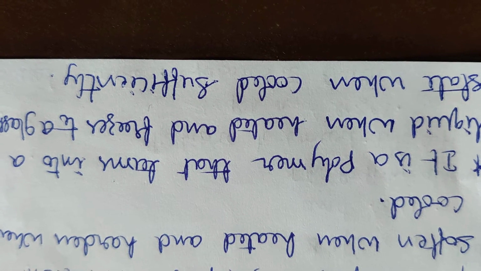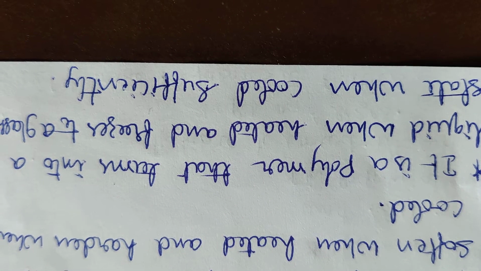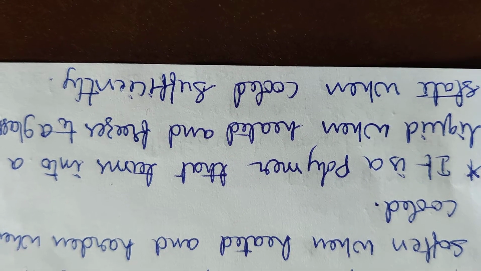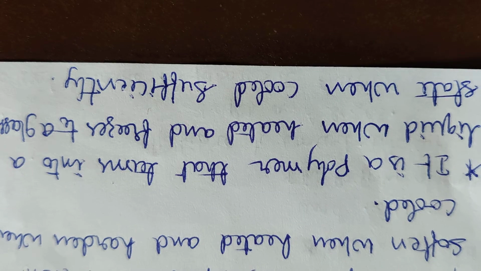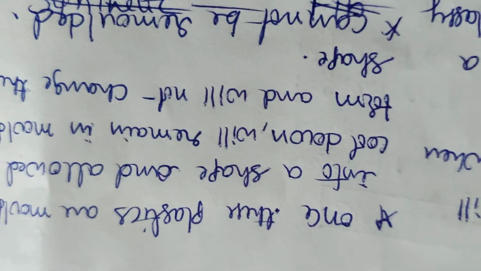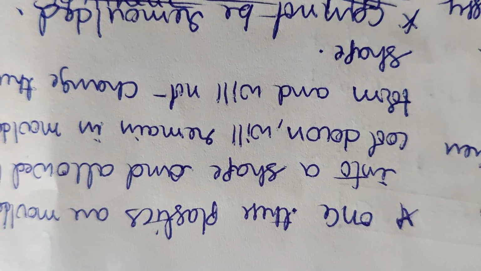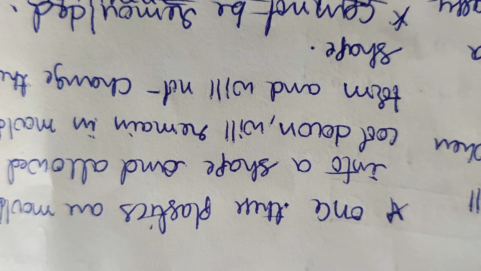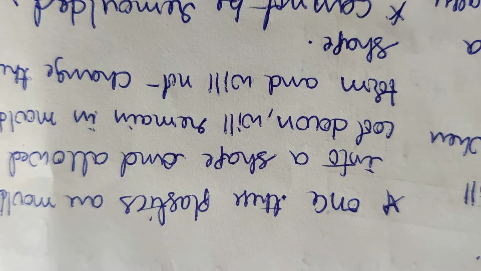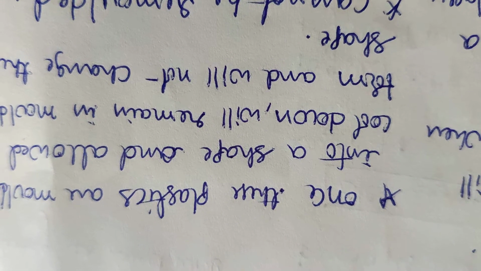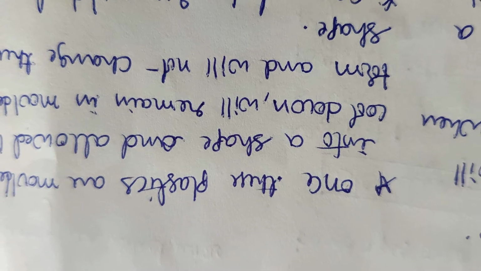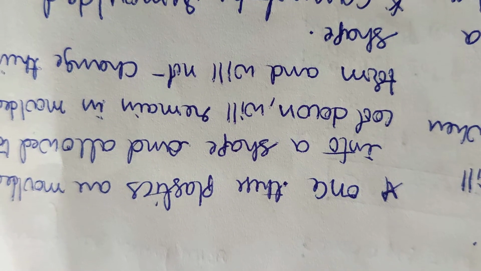In thermoplastics, the polymer turns into a liquid when heated and freezes to a glassy state when cooled sufficiently. Thermosetting plastics cannot be remolded. And you have to draw those figures also. This is a 4 marks question: what are the differences between thermoplastics and thermosetting plastics?